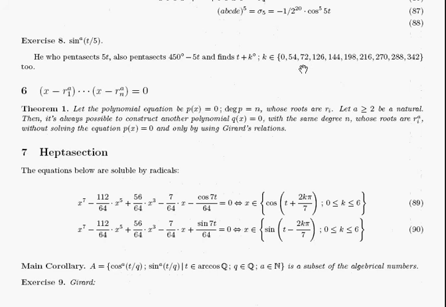Because the complement of 72 is 90 minus 72.